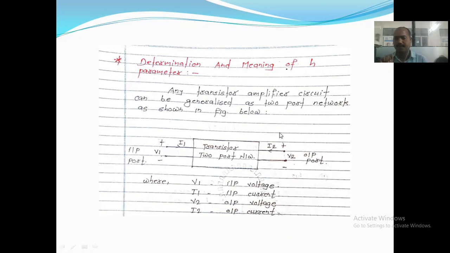So in this case, the applied input voltage V1 and the current I2 are dependent parameters, right? The value of V1 and I2 depends on the other parameters, V2 and I1.